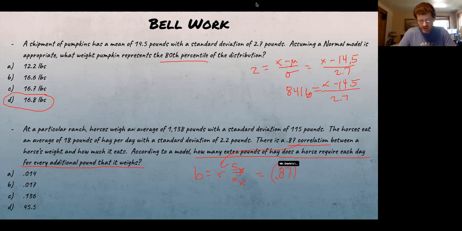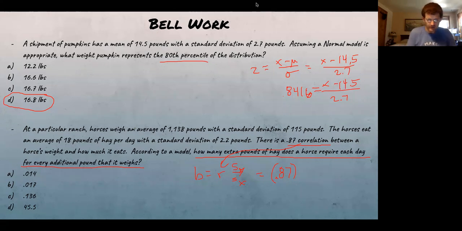So how many extra pounds of hay does a horse require each day for every additional pound that it weighs? We need to think through what that means as far as explanatory and response variables go, and which one's your y and which one's your x. So it looks like the weight of the horse will explain the amount of hay that they eat.